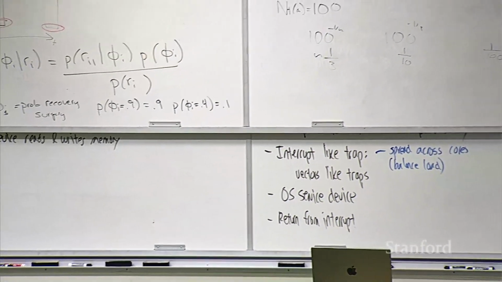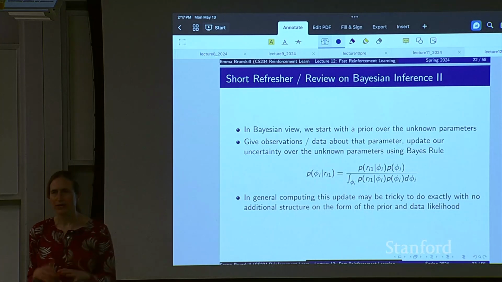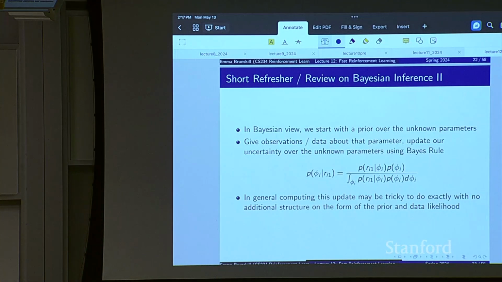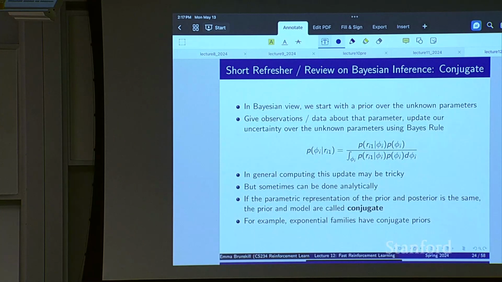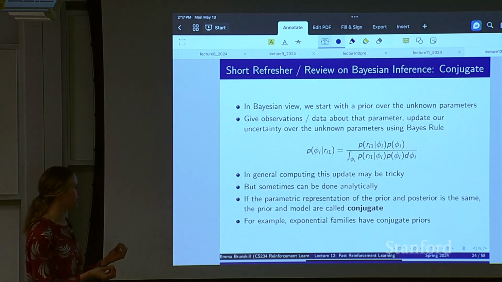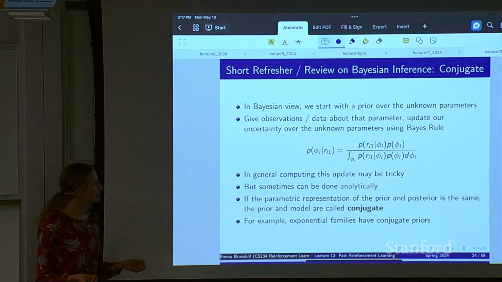So in general, this is going to be computationally tricky to do exactly without additional structure. There's lots of ways to approximate it, but the really cool thing is that in some cases you can do this analytically. This is the idea of conjugate priors. There's this beautiful idea of the exponential families.